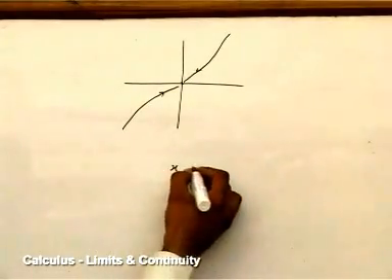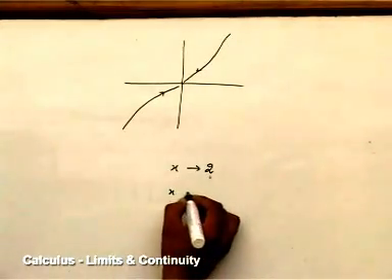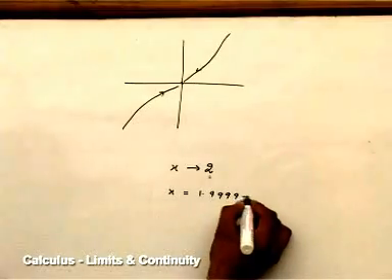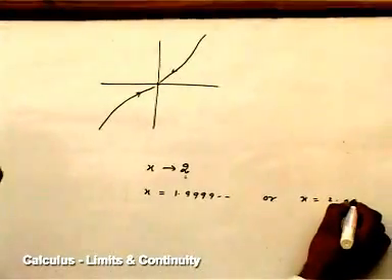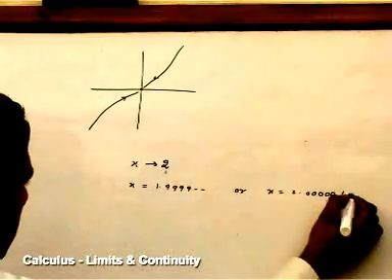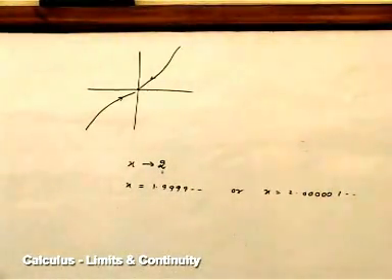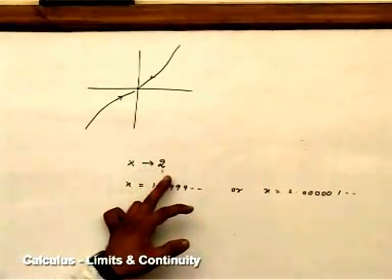What I mean to say is, when we write x is approaching 2, it means x is not equal to 2. x may be 1.9999 or 2.00001 or so. When x is approximately equal to some value, we say that limit x is approaching toward 2.